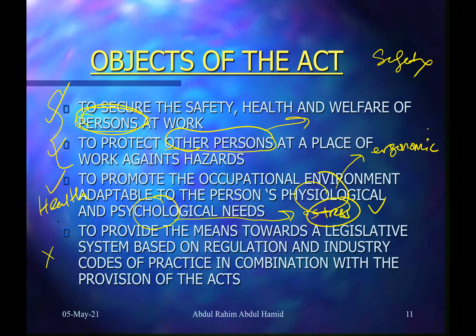The fourth objective has nothing to do with the first two. It simply says, once we have a code of practice and guidelines, all kinds of guidelines complete, then perhaps the old law such as FMA can be deleted. So this is what objective number 4 is all about.